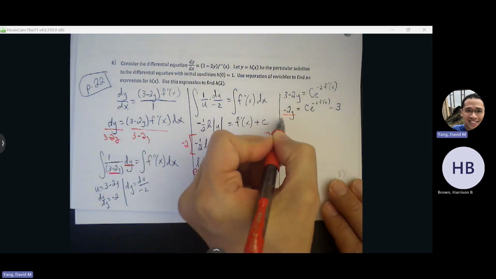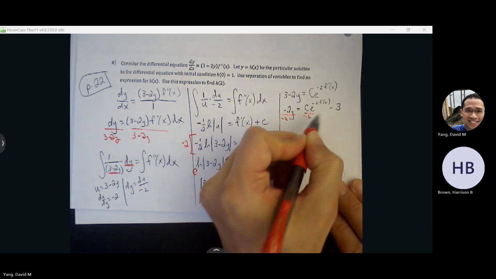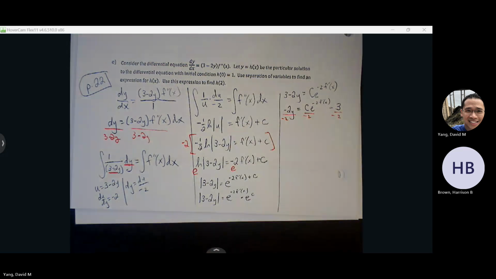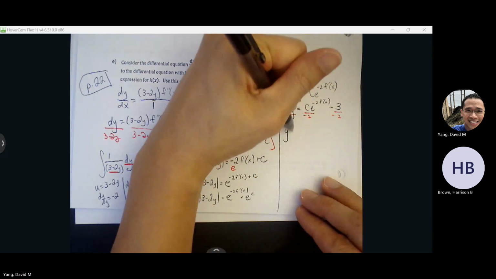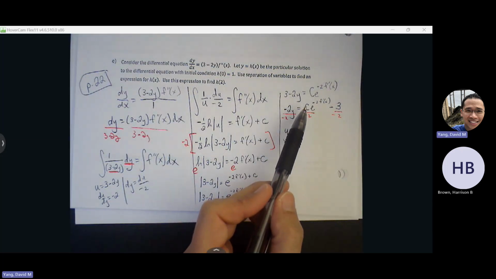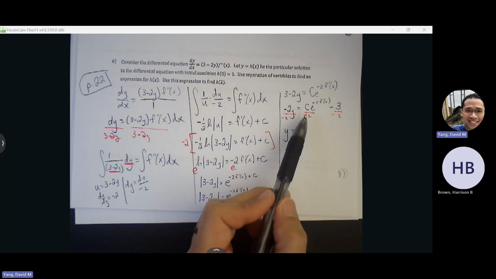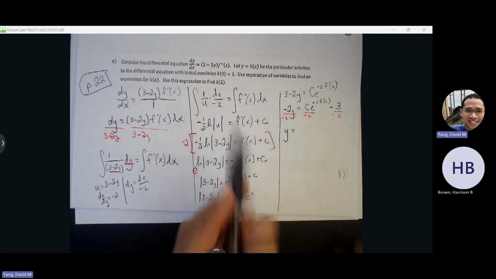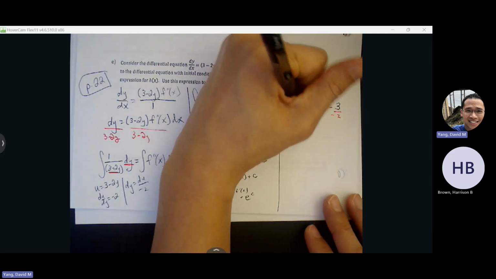Divide everything by -2. Now c divided by -2 is the same thing as -1/2 times c, and we know that anything times a constant is still a constant, so I can just drop that -2 there.